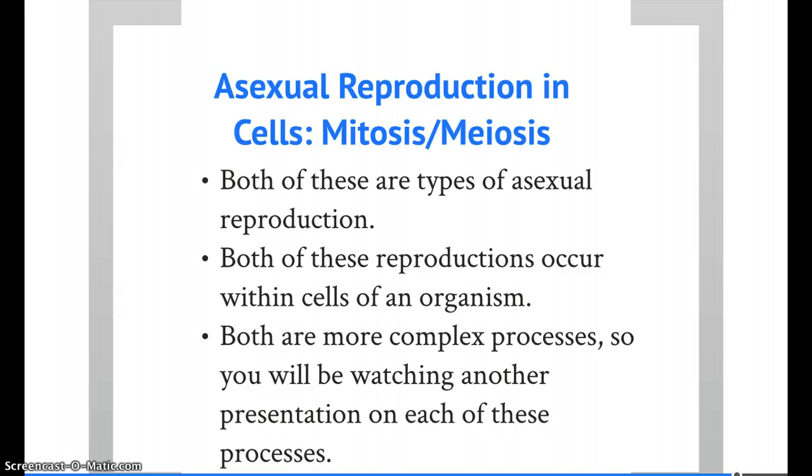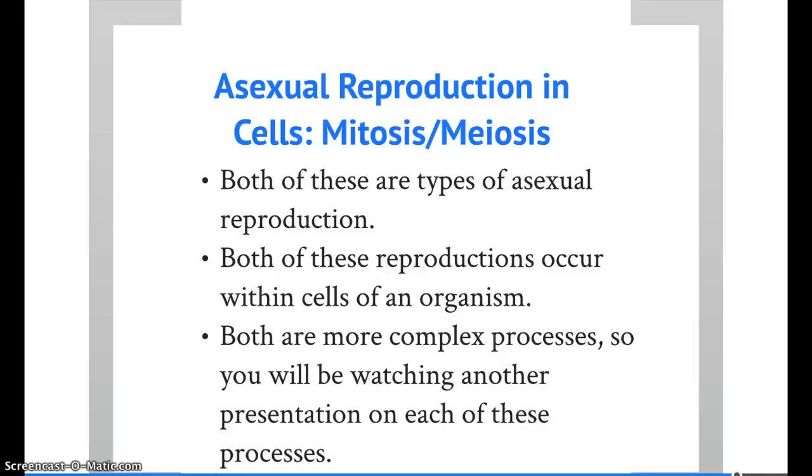Next is a process called mitosis and meiosis. Both of these types are asexual reproduction, and both of these reproductions occur within cells of an organism. Because they are more complex, you're actually going to watch a separate presentation on each of these processes.